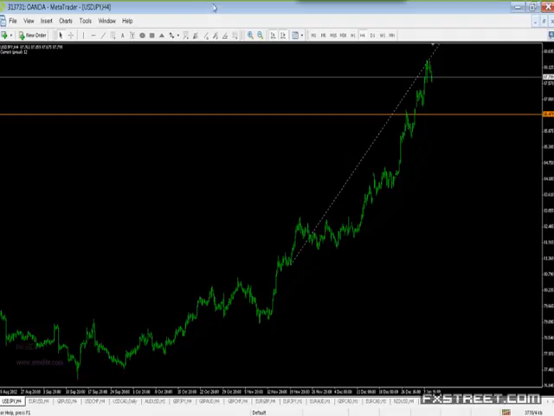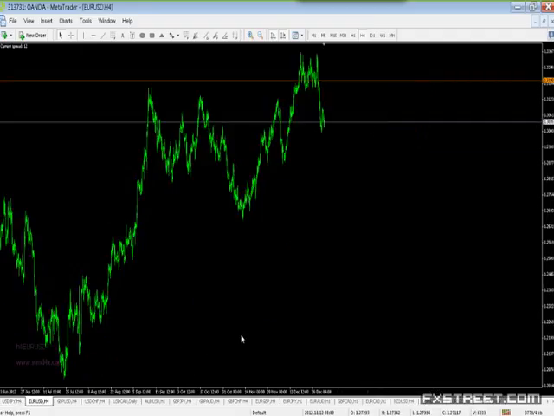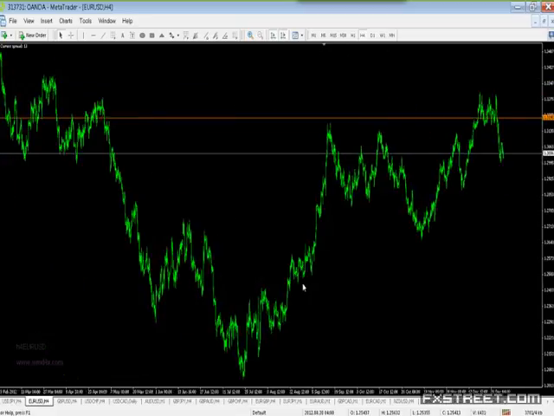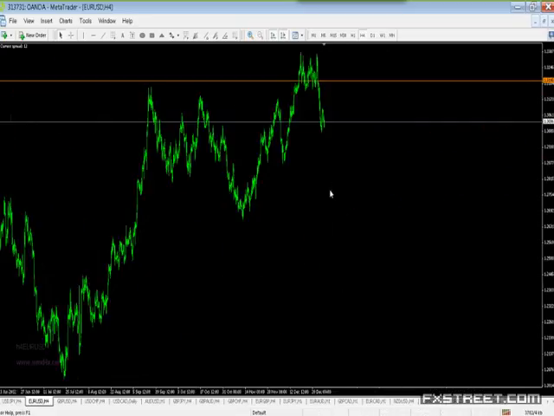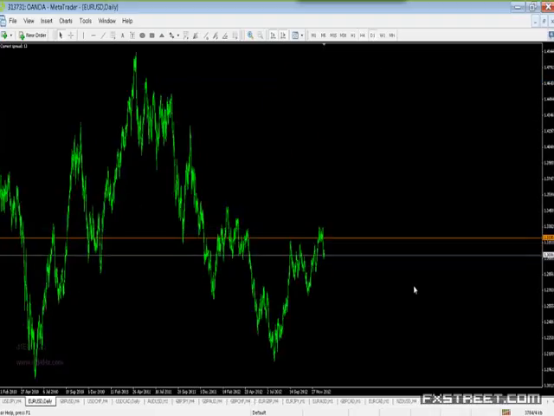In fact, if we just have a quick example of this, and we take a look at the EUR/USD, I'll just turn towards the daily chart.